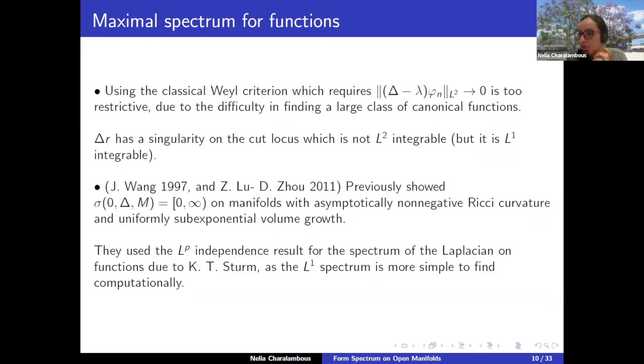A different approach that many people have used in the past uses an Lp independence result for the spectrum of the Laplacian. In other words, if we know that the spectrum of the Laplacian is the same for all Lp spaces, which is true on manifolds that have Ricci curvature bounded below and uniformly sub-exponential volume growth, then one can compute instead the L1 spectrum, show that it is 0 to infinity, and conclude that the L2 spectrum, which is harder to find, is also 0 to infinity.